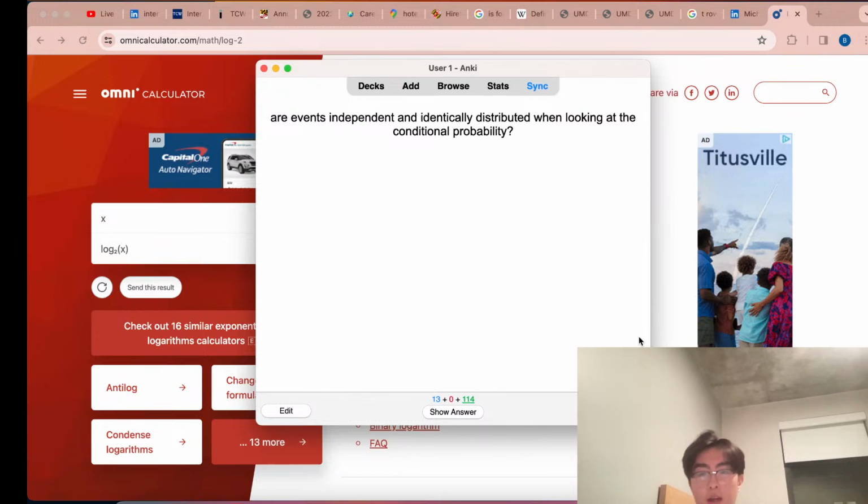Events are independent if the probability of A given B is just the probability of A. That's not always going to be the case, though.